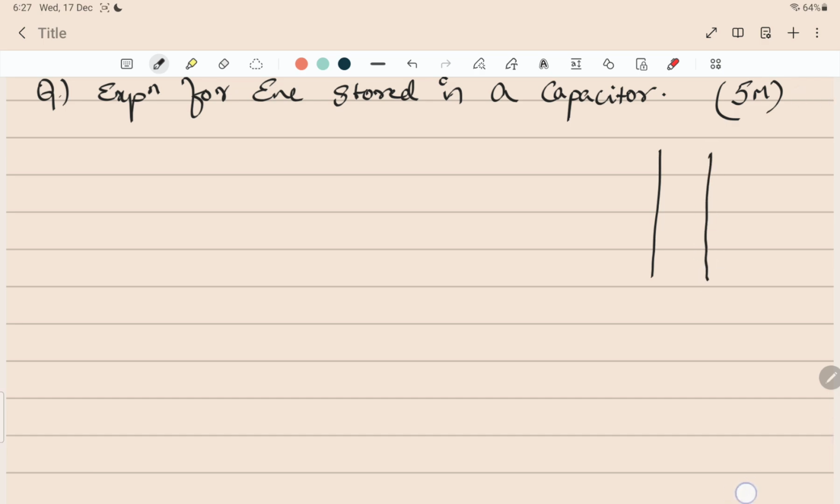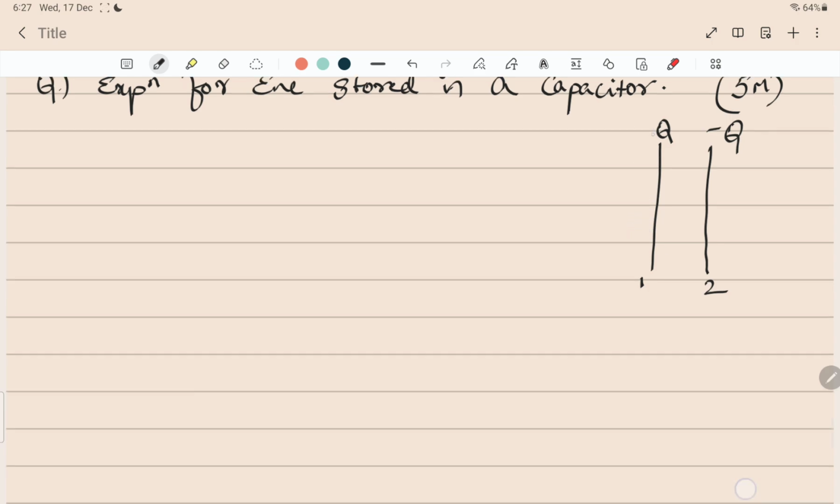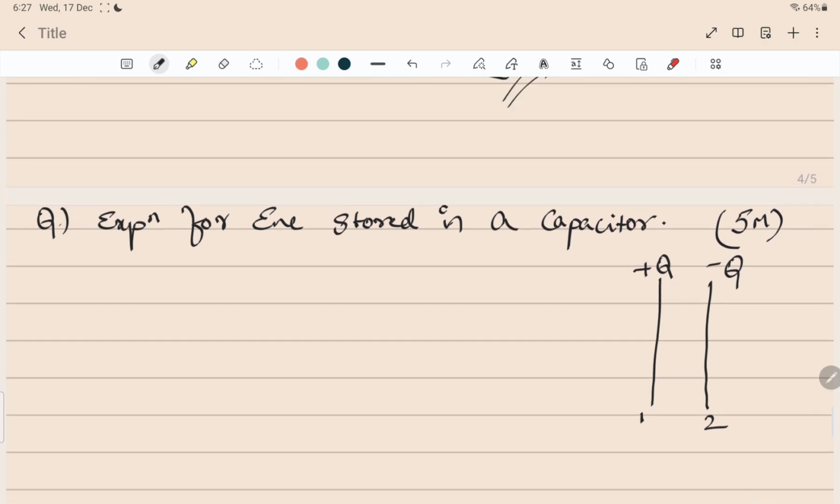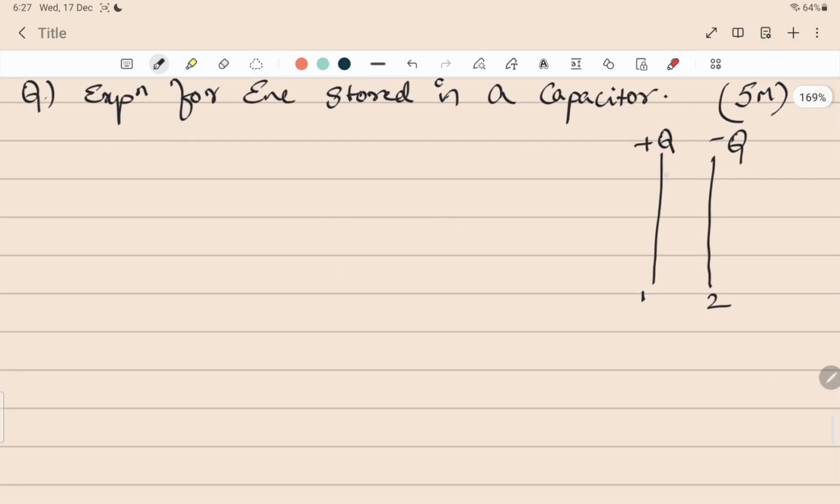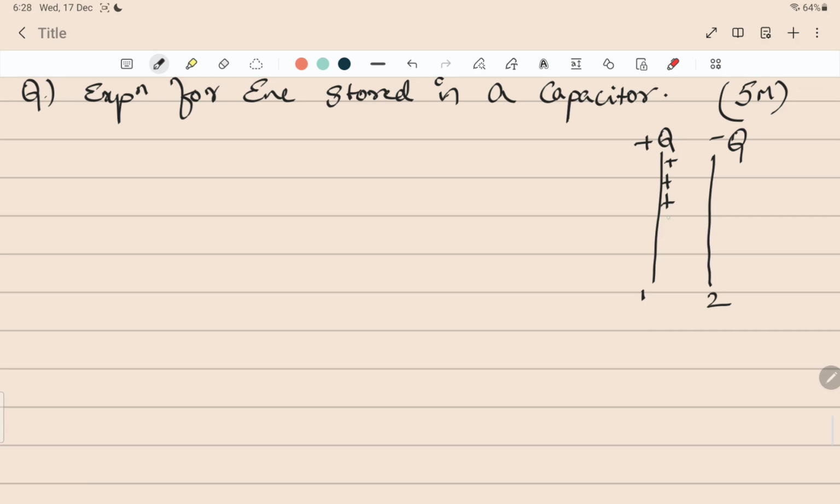You take a capacitor which has one plate and the other plate. Let us say this is charged to plus q, this is charged to minus q. Inside, you will be having plus charges here and minus charges here.